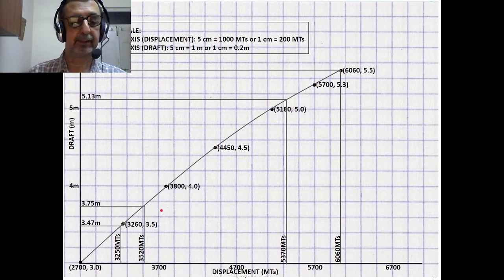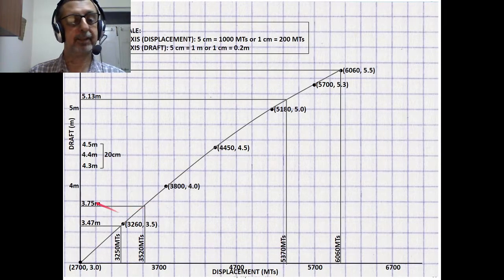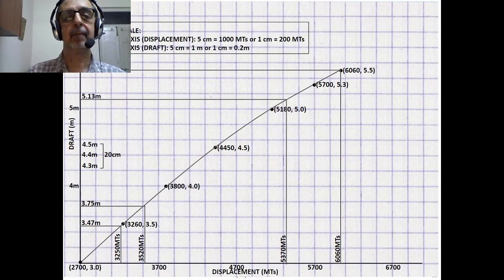At 3520 metric tons, we have a draft of 3.75 meters. At 4.4 meters, that is part E, it has just been marked, but what we need is TPC at the mean draft of 4.4 meters. To calculate the TPC at the draft of 4.4 meters, we have to take a range of 20 centimeters, which means 10 centimeters above and 10 centimeters below the required draft.